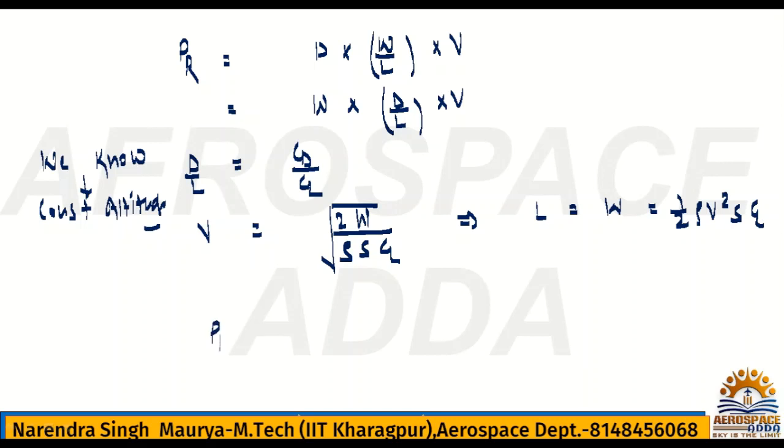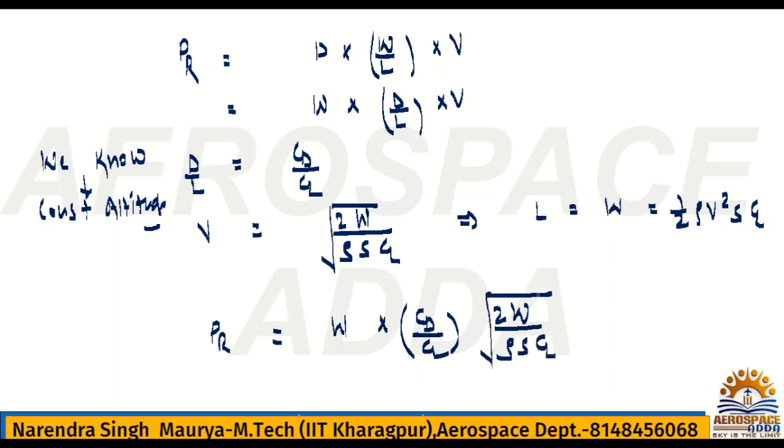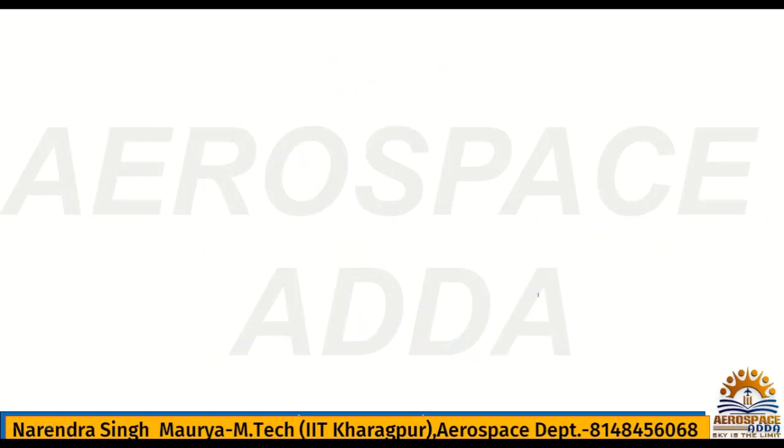Now what is the power required? Check. Weight, CD by L, is nothing but CD by CL. Velocity is nothing but the square root of 2W divided by rho S CL. I hope this one is clear to all of you. Yes or no? All right, now we can write this value.